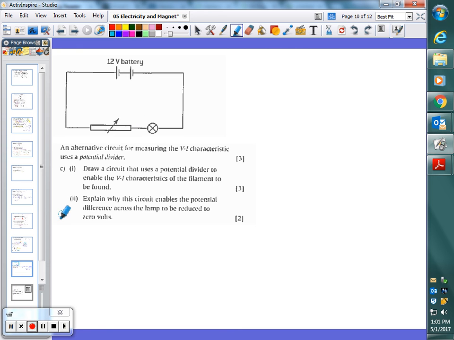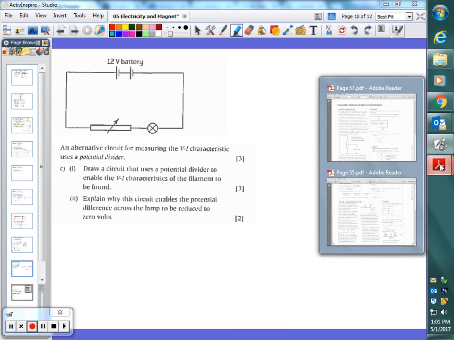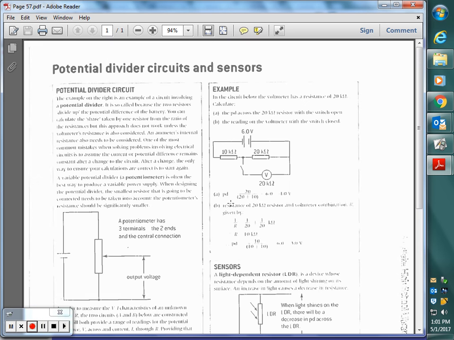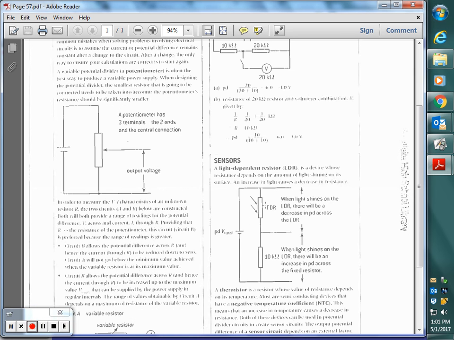We can increase the current flow by decreasing this resistance, or vice versa. But, like we said, we can never theoretically stop it. But there are some things that allow us to stop it, and one of those things is a potential divider. I'm going to pull up this thing right here because it does a better job of explaining it.